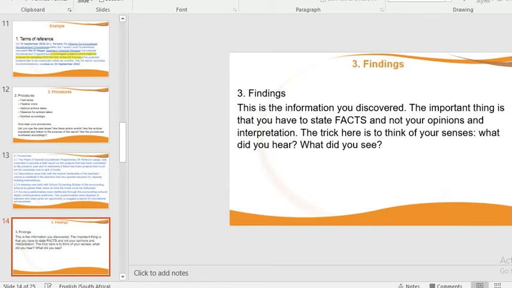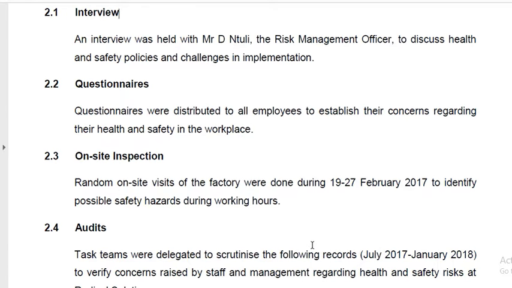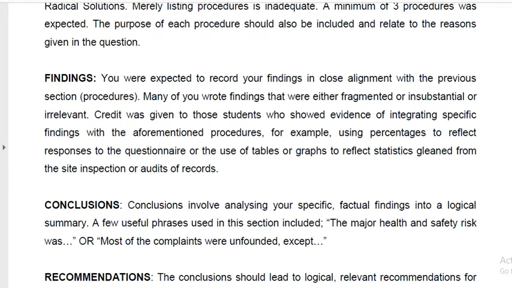The third one is findings. All right, let's check our findings here. You were expected to record your findings in close alignment with the previous section, procedures. Many of you wrote findings that were either fragmented or insubstantial or irrelevant.